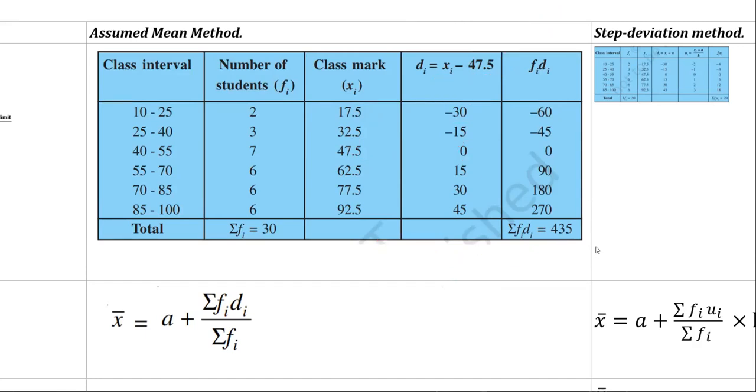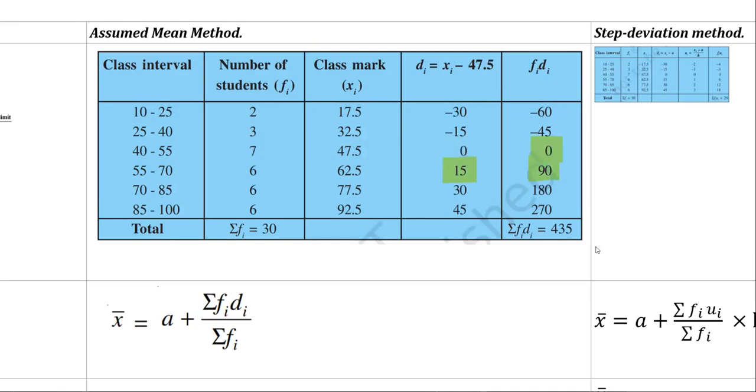Once we have calculated di, we'll be multiplying fi with di, that means this with this as fi di. Similarly, 3 multiplied by minus 15 will give you minus 45. Likewise, 7 into 0 will give you 0. 6 multiplied by 15 is 90, and so on.